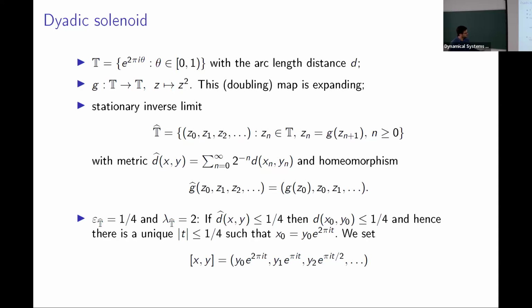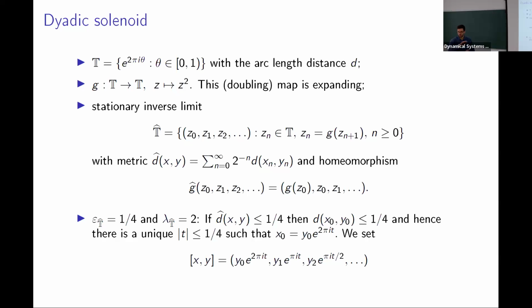A nice metric on this space is given simply by taking two such words, measuring the distance in each coordinate, and then the further you go in the words, the less important the distance becomes. You put some weights here, okay?